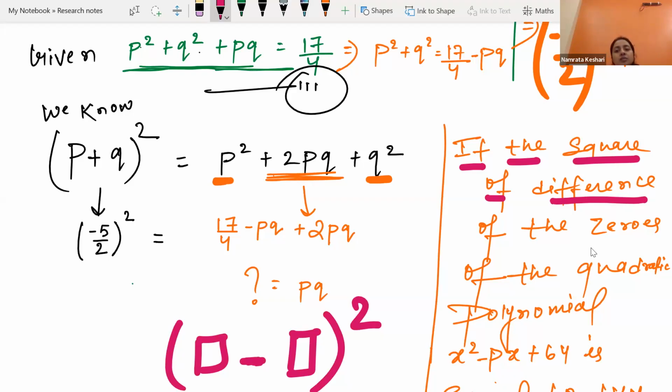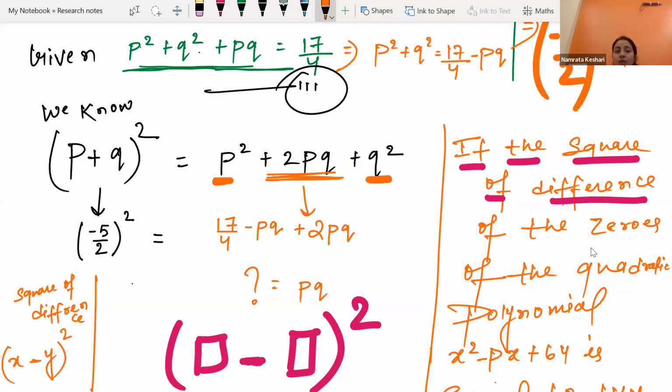Difference of a square or square of difference, these two are different things. If it is written square of difference, that means at first we are doing the difference, subtraction between two terms, x minus y, and then we are squaring that.